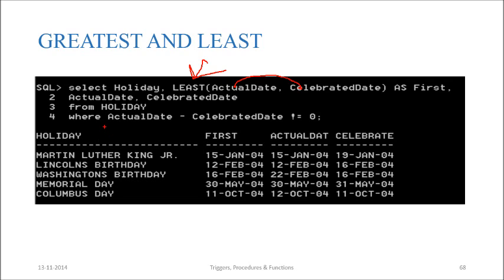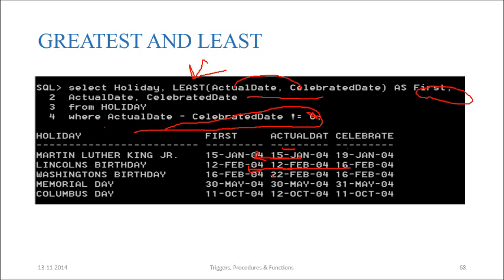So here they are printed as first the least between the actual and the celebrated date, and the actual and celebrated dates are printed next, from holiday where actual date minus celebrated date is not equal to 0; this must be satisfied. See here, from this actual and celebrated, the least is 15 Jan, so it is taken here, and here 12 and 16, 12 is the least, this is taken here, and 22 and 16, the least is 16, so this is taken here. Similarly for the rest too.